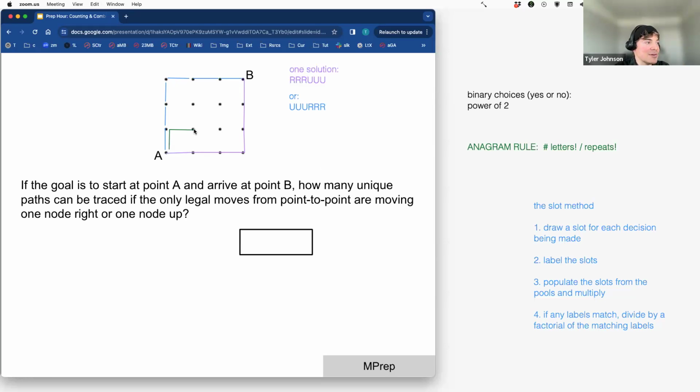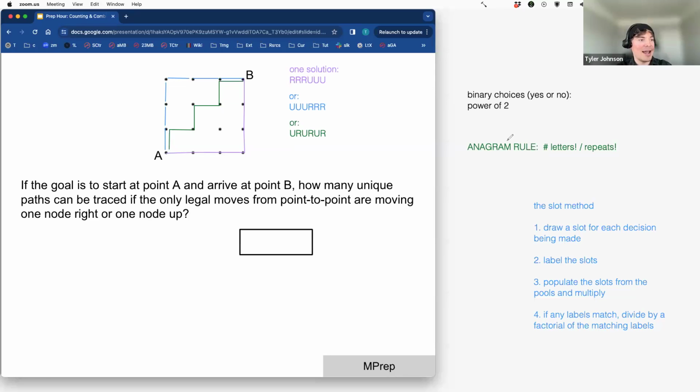Or I could have a route that looks like this, where I am going upright, upright, upright. But you will see every single solution is going to have this spelling of 3 right moves and 3 up moves. In other words, every potential solution is an anagram of this word RRRUUU.